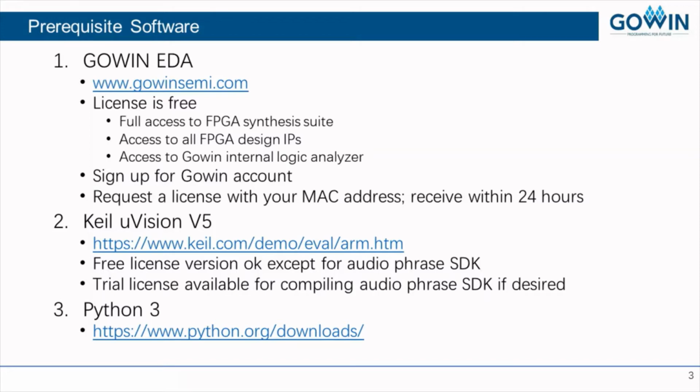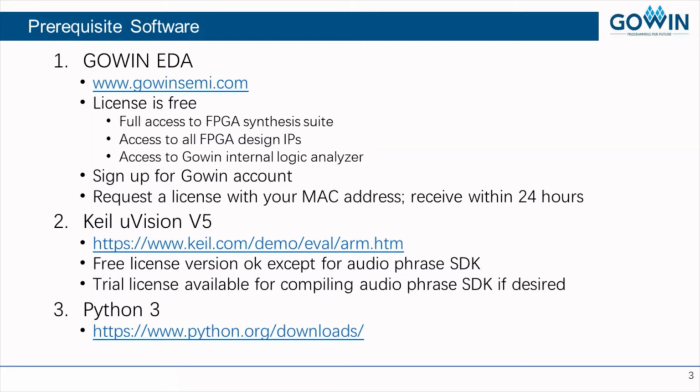First is Gowin EDA, which is at gowinsemi.com. It's absolutely free, and it gives you full access to the FPGA synthesis suite, access to all FPGA design IPs for free, and access to other tools within the software, such as Gowin's internal logic analyzer, which you can use within the FPGA.